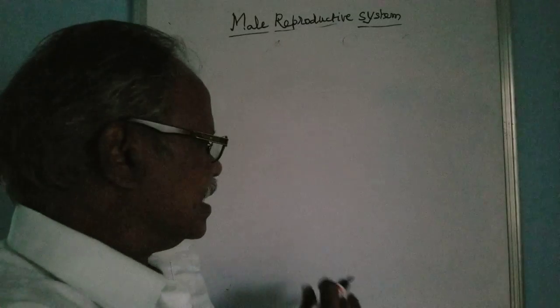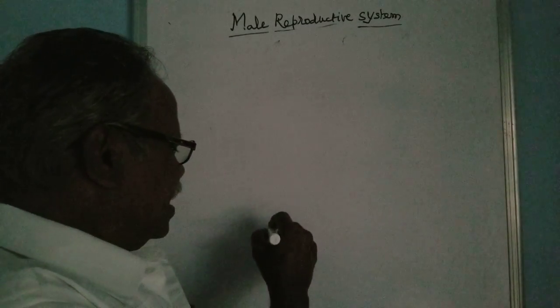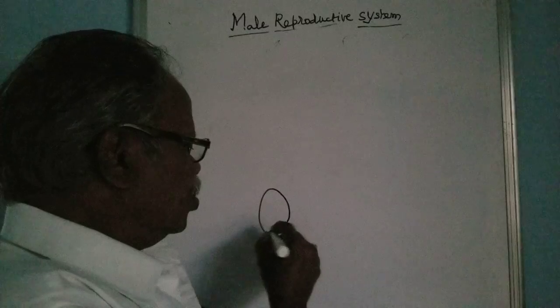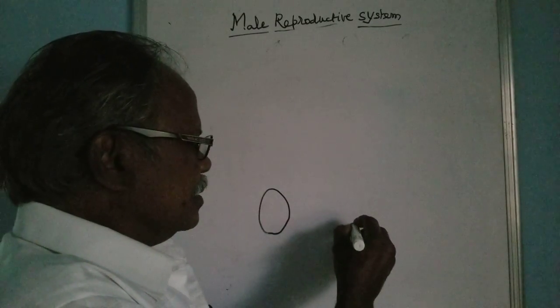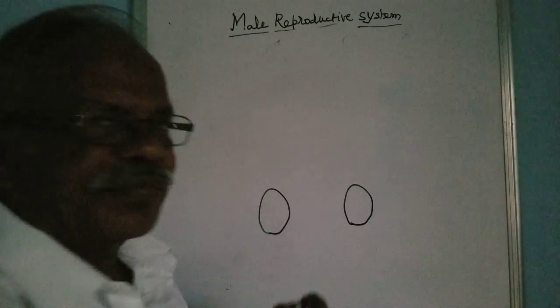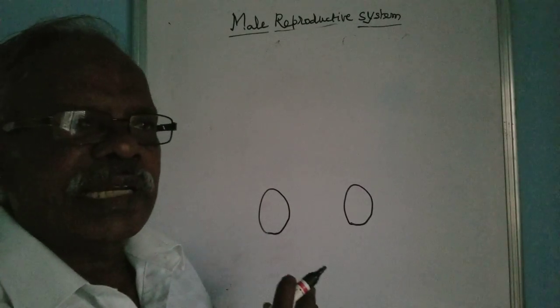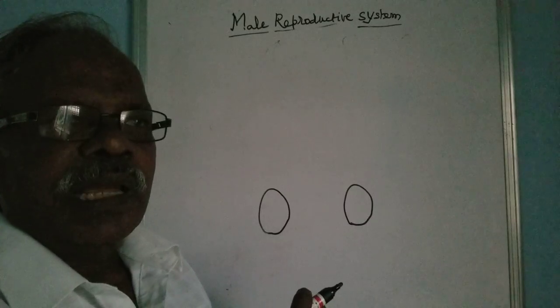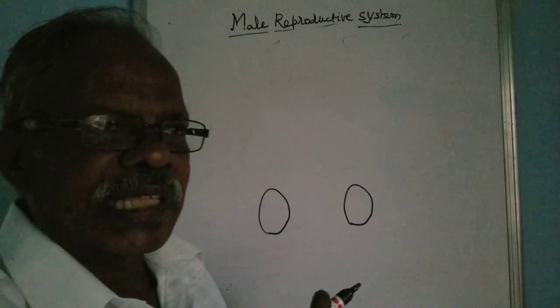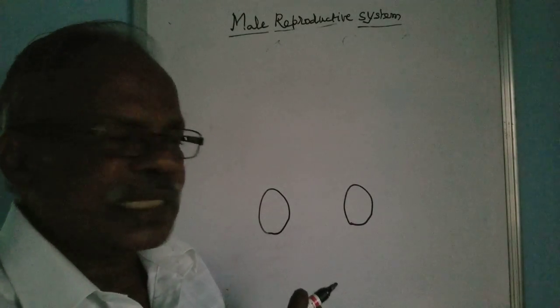The male reproductive system consists of the two testes. The testis is the functional unit for the production of sperm. The testis is ovoidal in shape and consists of a lot of cuboidal epithelium cells.